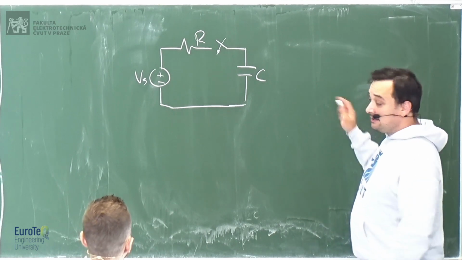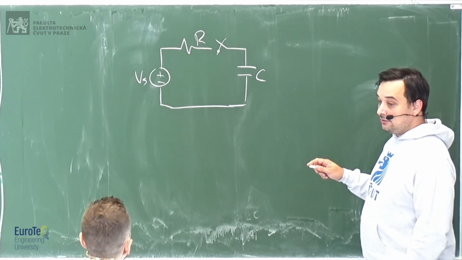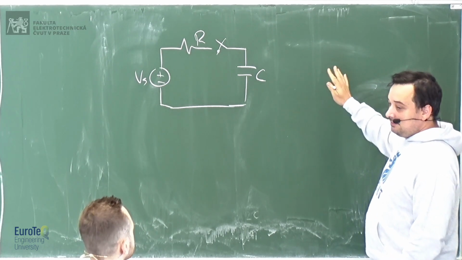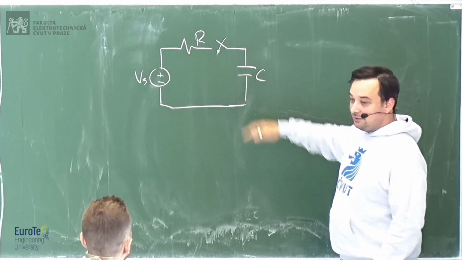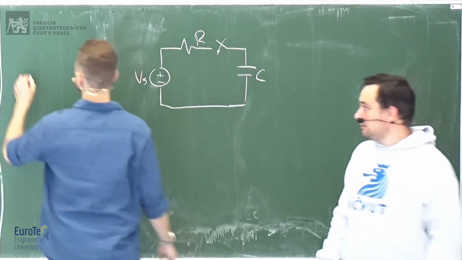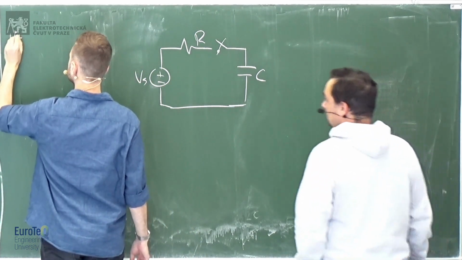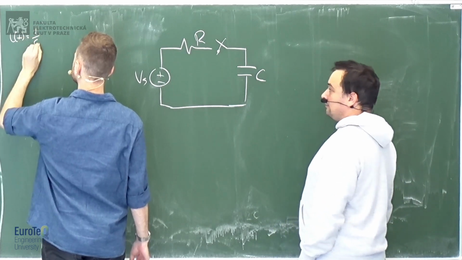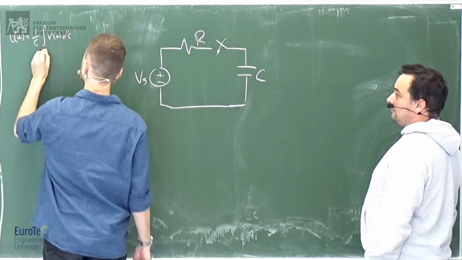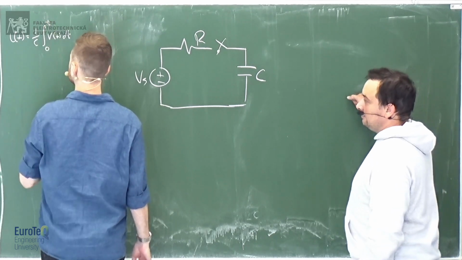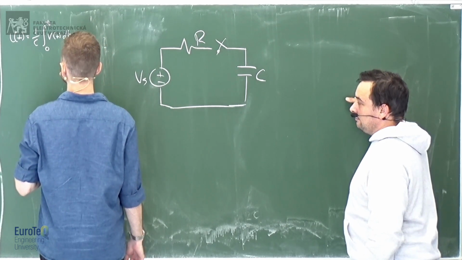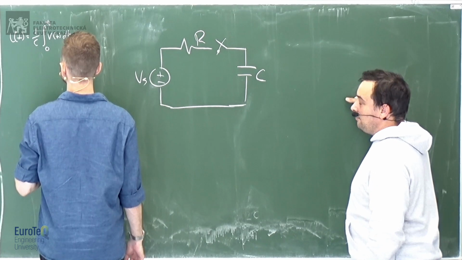So let's write down the equations, just to know what's what. We have the relationship for the capacitor. So the current is equal to what? Remember the physics.